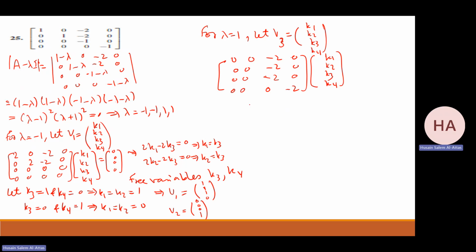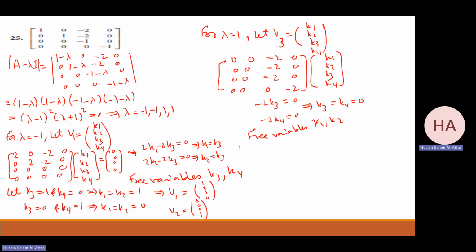So you have minus 2K3 equals 0 and minus 2K4 equals 0, which implies K3 equal K4 equal 0. Free variables are K1 and K2. There's no restriction on K1 and K2.